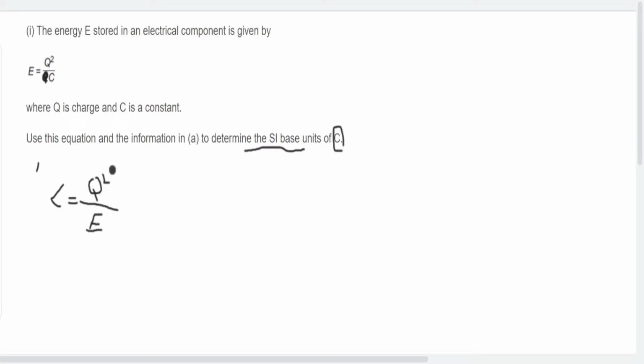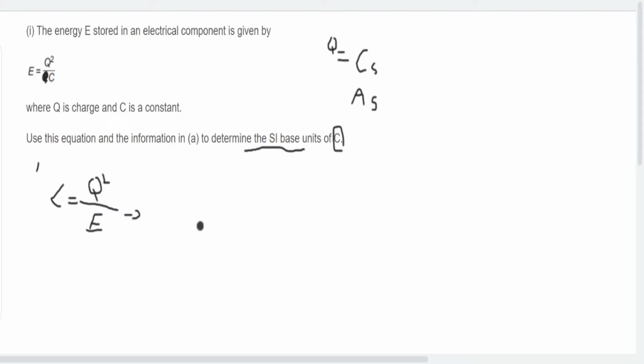Let's break this down further. I know that Q is charge, and what's the SI base unit of charge? Q has the formula of I times t, or current times time. And I know that current has the SI base unit of amperes, or A, and seconds has the SI base unit of s. So Q has the SI base unit of A s.